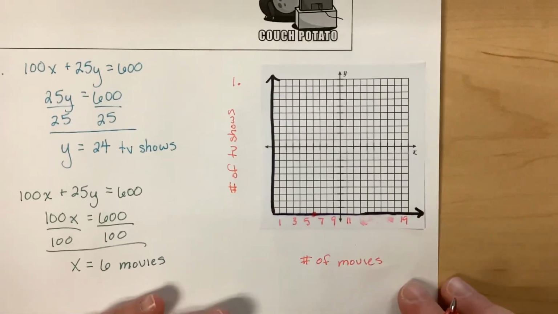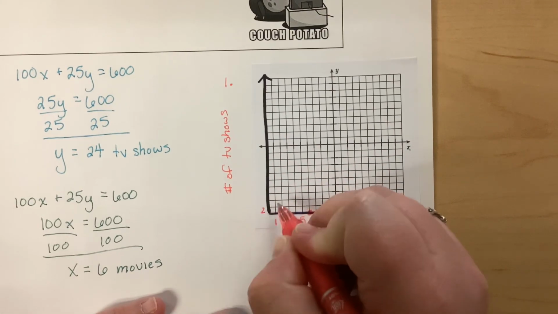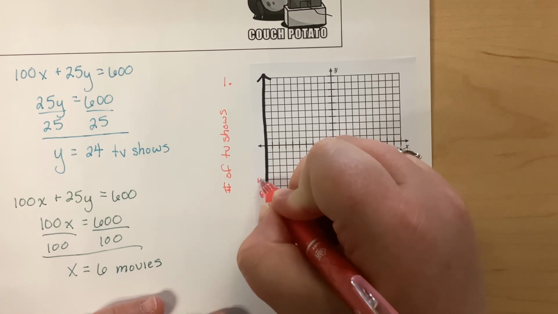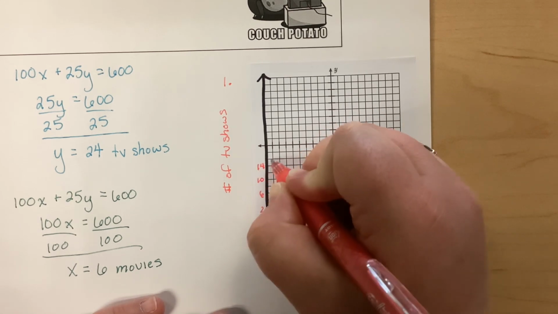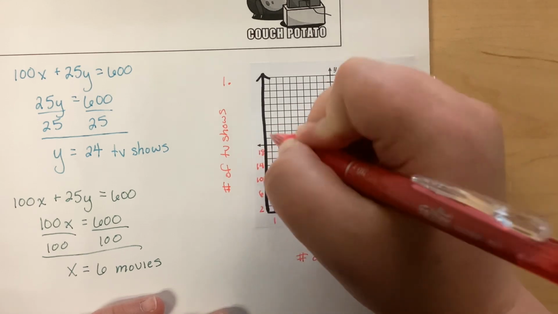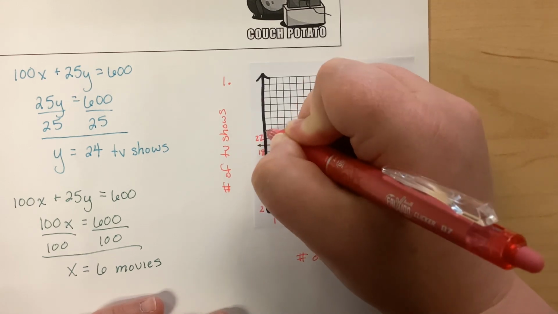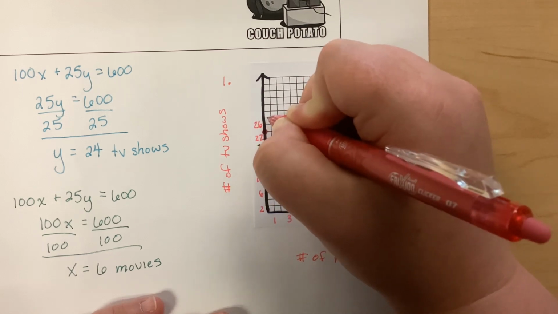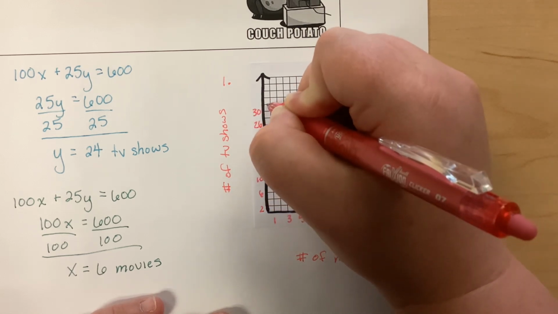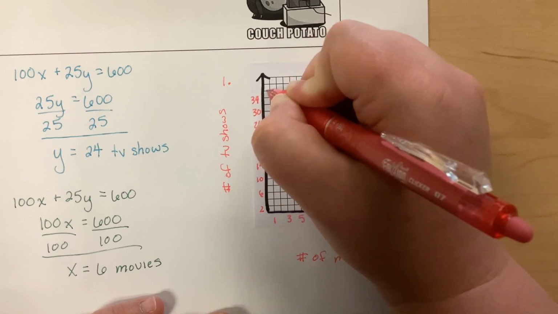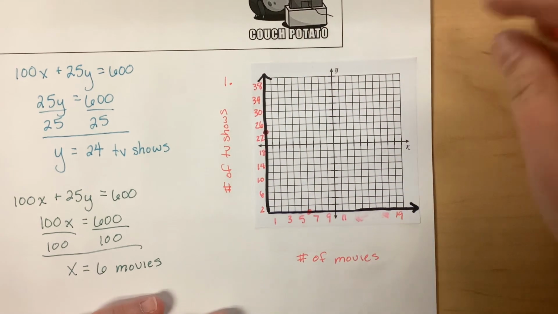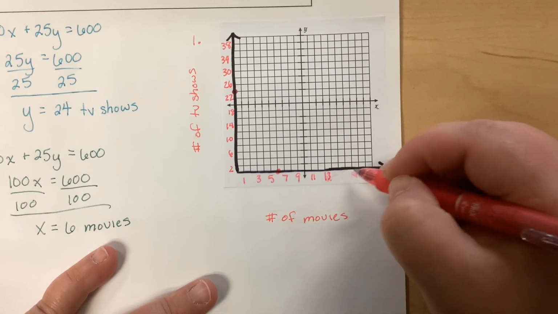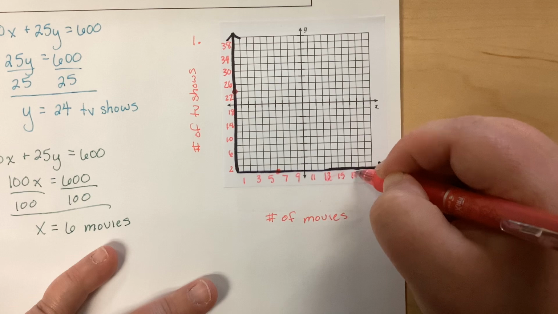So we have 2, 4, 6, 8, 10, 12, 14, 16, 18, 20, 22, here's 24, 26, 28, 30, 32, 34, 36, 38, and 40.